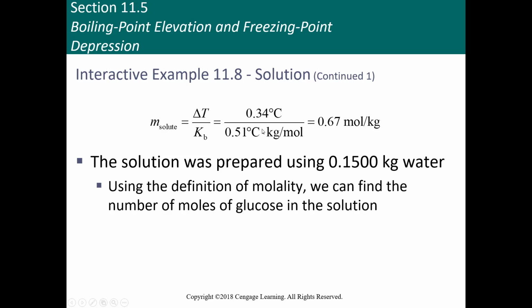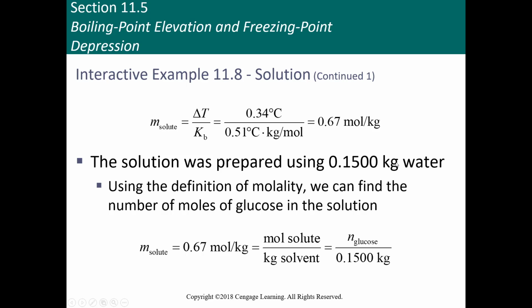So we plug our values in, we've rearranged it so the molality equals the temperature elevation over Kb. We plug the values in, we do our math, we get 0.67 moles per kilogram. You will notice this kilogram here, because this is molality, this needs to be the kilograms of solvent. Our solvent is water. So once we have our kilograms of water, we can just multiply this number by that kilograms of water. And congratulations, we now have our moles of our solute.